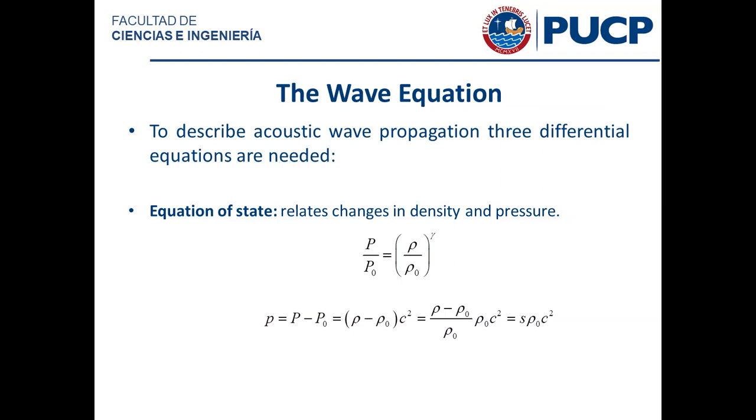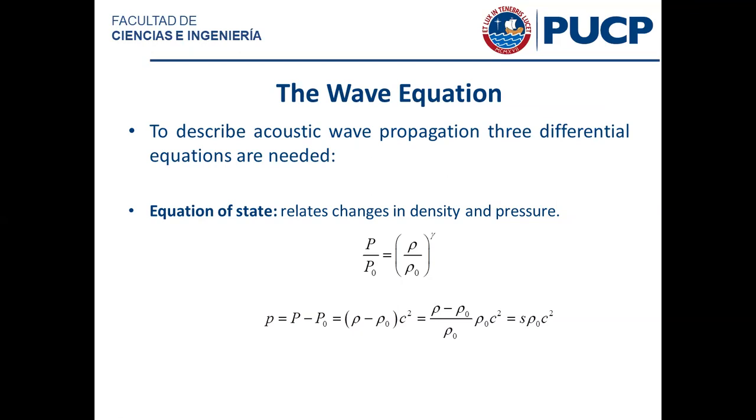Okay, so you can see that there is yet another term in this set of equalities that says rho minus rho naught divided by rho naught, multiplied by rho naught times c squared, right?